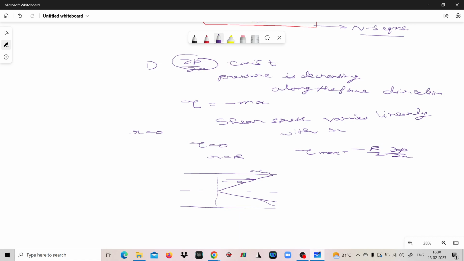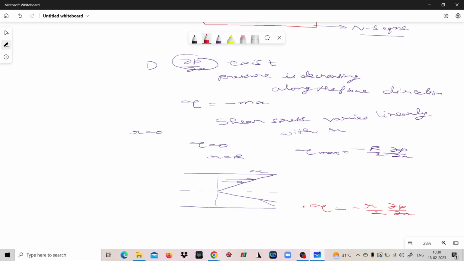Next, we have seen the variation of shear stress. The first important formula that we have obtained for the variation of shear stress is tau is equal to minus of r by 2 del p by del x.